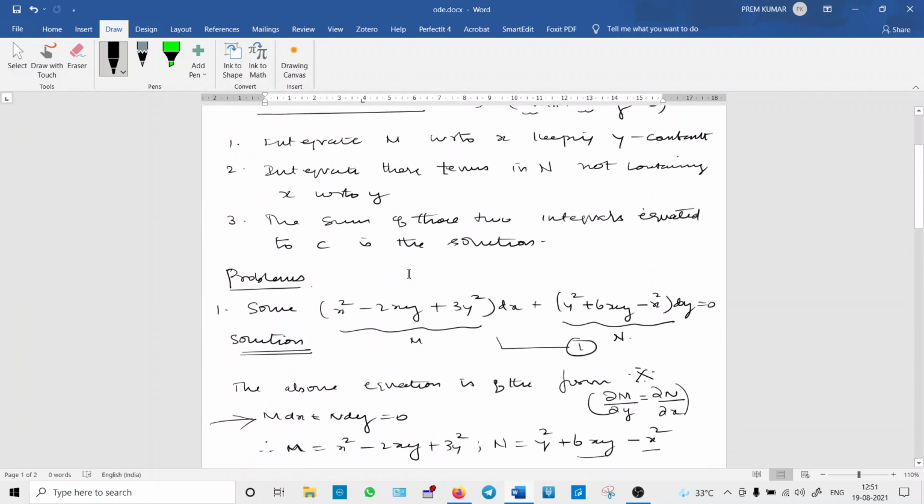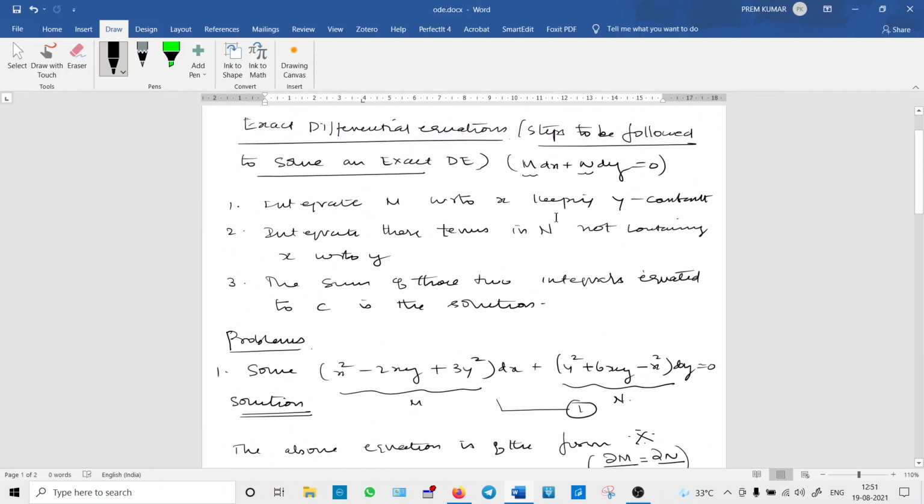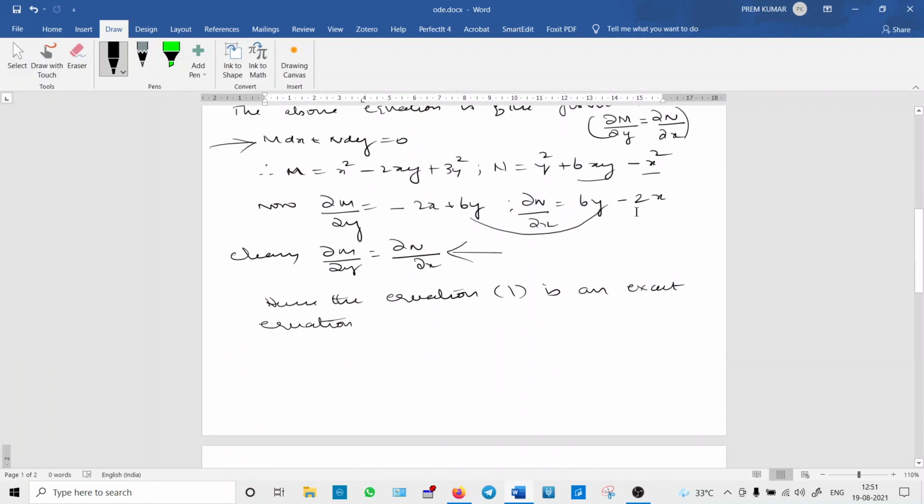Now what is the condition? First we have to integrate M with respect to x, keeping y as a constant. So you take M, integrating M with respect to x, keeping y as a constant.